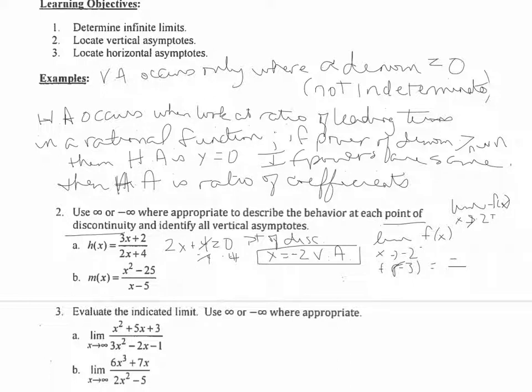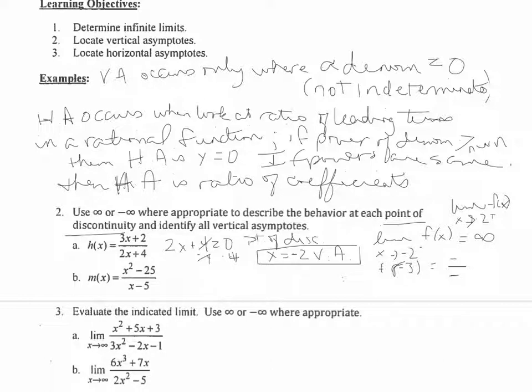Let's put negative 3 in the denominator. So if I put in negative 3, 2 times negative 3 is negative 6. What's negative 6 plus 4? A negative 2. And if I have a negative divided by a negative, that's a positive. So that means this is approaching positive infinity as x approaches negative 2 from the left.